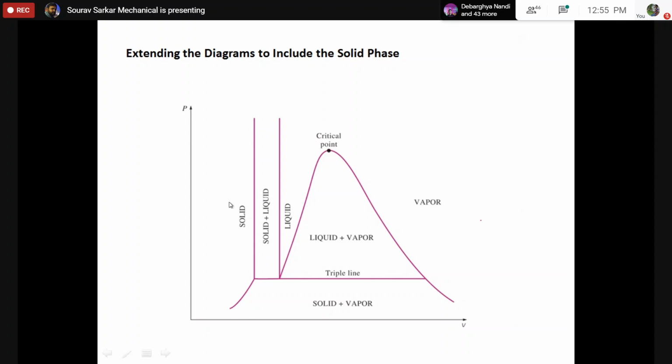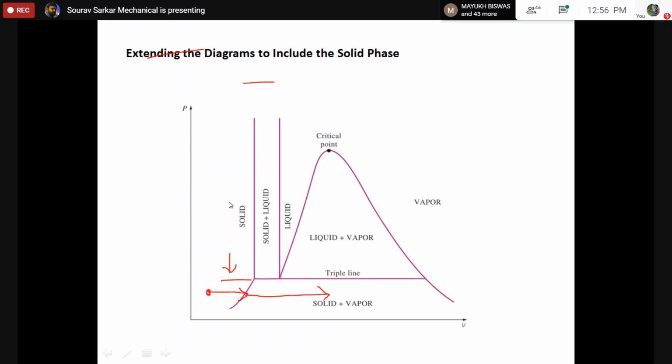Have you understood what I have mentioned? Now if we look at the bottom, there will be a pressure. If you go below that pressure, you will find that if you start to heat a pure substance, the temperature will increase, and there is a process line after which it will start to convert into vapor.